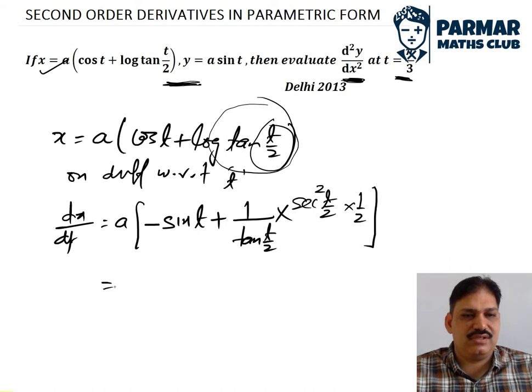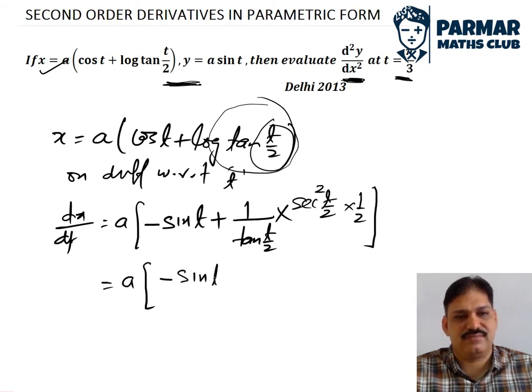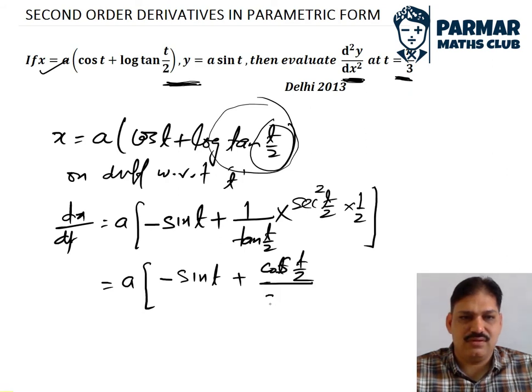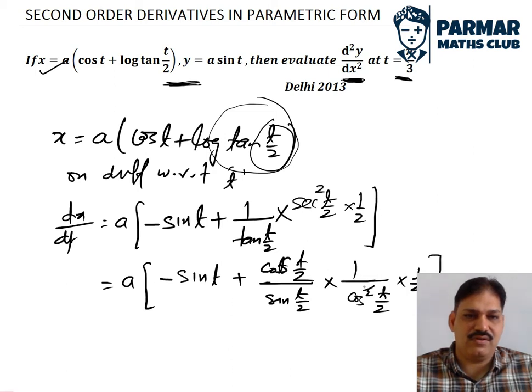If we change it in terms of sine and cos, what we get is, see, this is tan t by 2. The reciprocal is simply cos t by 2. Cos t by 2 upon sin t by 2 into sec square t by 2 can be written as 1 upon cos square t by 2, alright, into 1 by 2. This 1 power of cos square will be cancelled out with this.